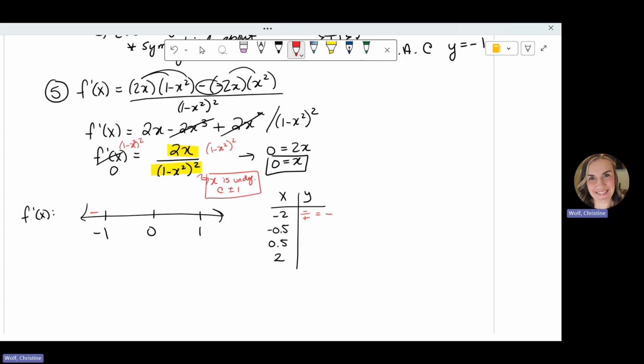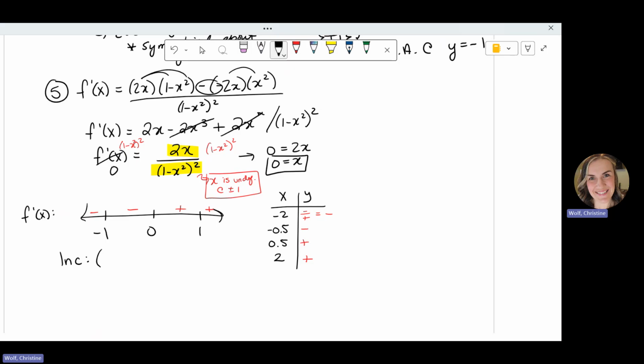If I plug in a negative up top, it's going to give me a negative again. Negative over positive, negative. Okay, if I plug in a positive 0.5 up top with the 2, it's going to result in a positive. A positive over a positive is positive, and it would be the same for that one. So my increasing interval is whenever it is positive.